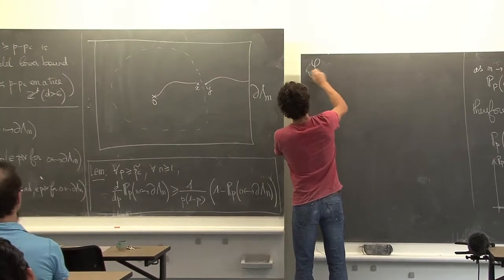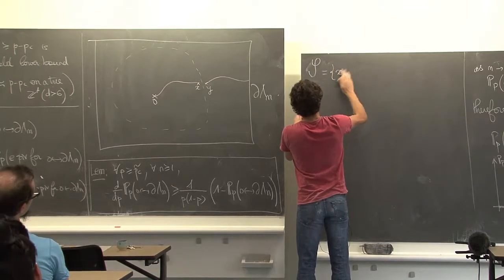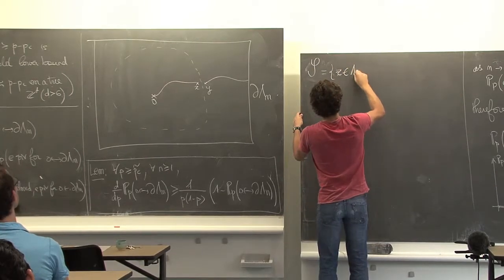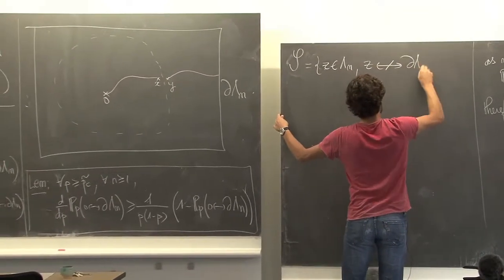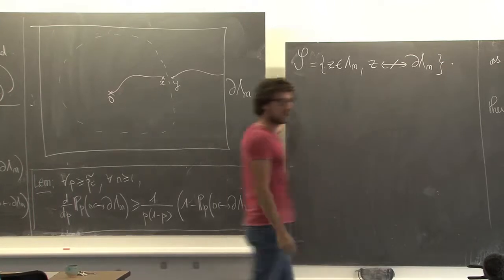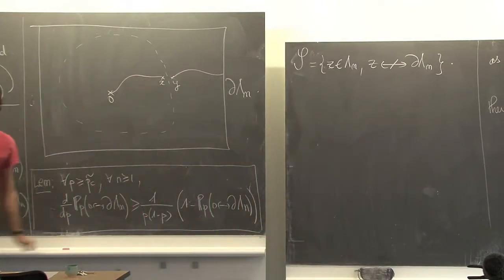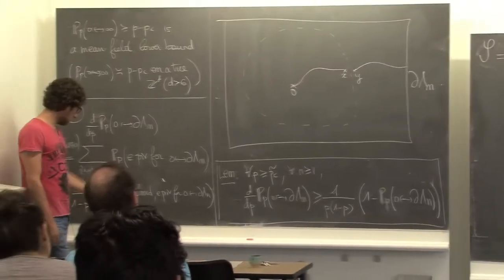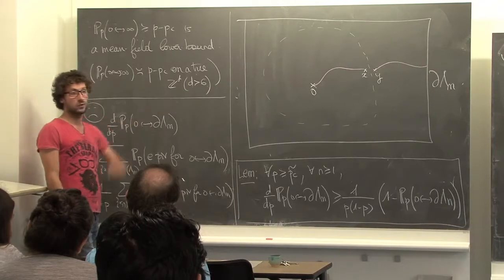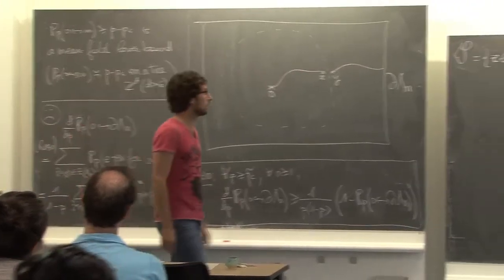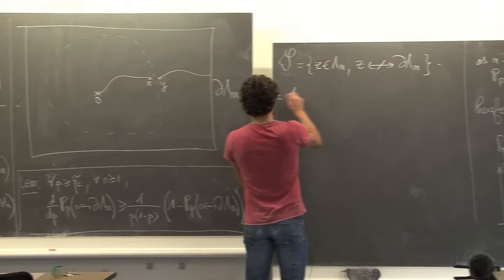Let's define S to be the set of Z in my box such that Z is not connected to the boundary of the box. So these are the guys that are not connected to the boundary. And here in this inequality, I can just decompose into the possible values for S. So this is 1 over 1 minus p.